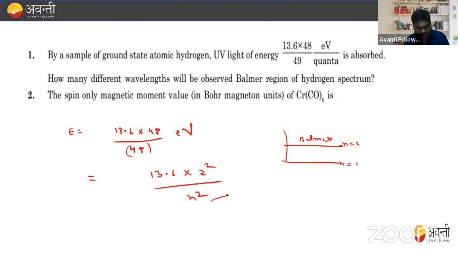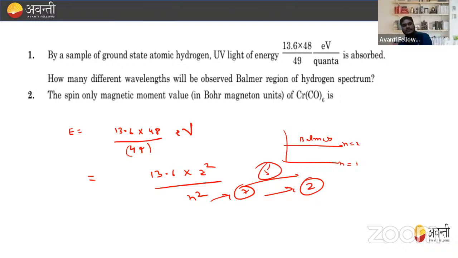So n square means n equal to 7. So 2 to 7. So how many transitions take place? That is 5, right? So 5 different wavelengths will be observed in the Balmer region.